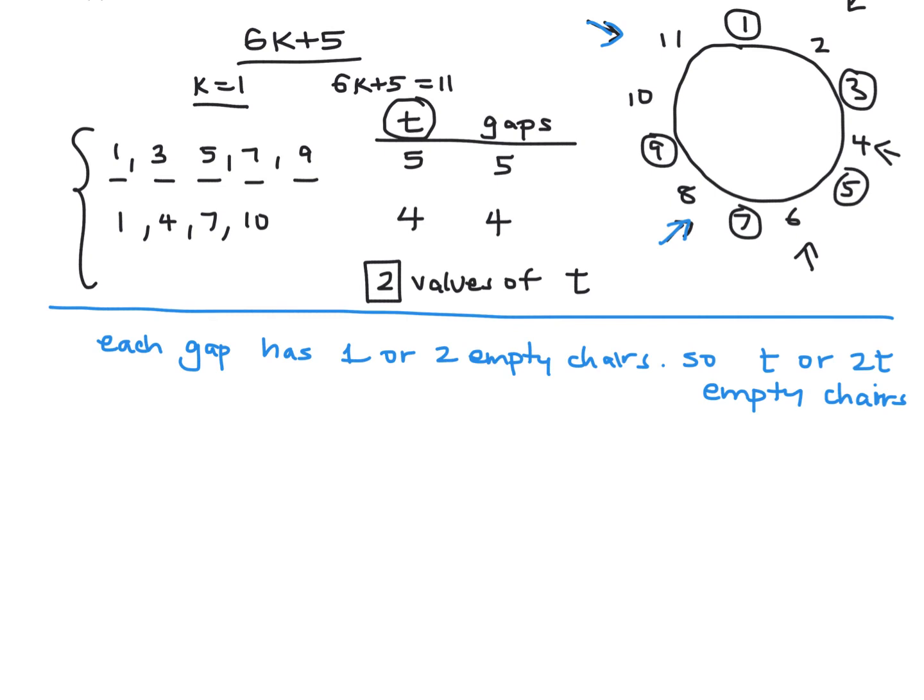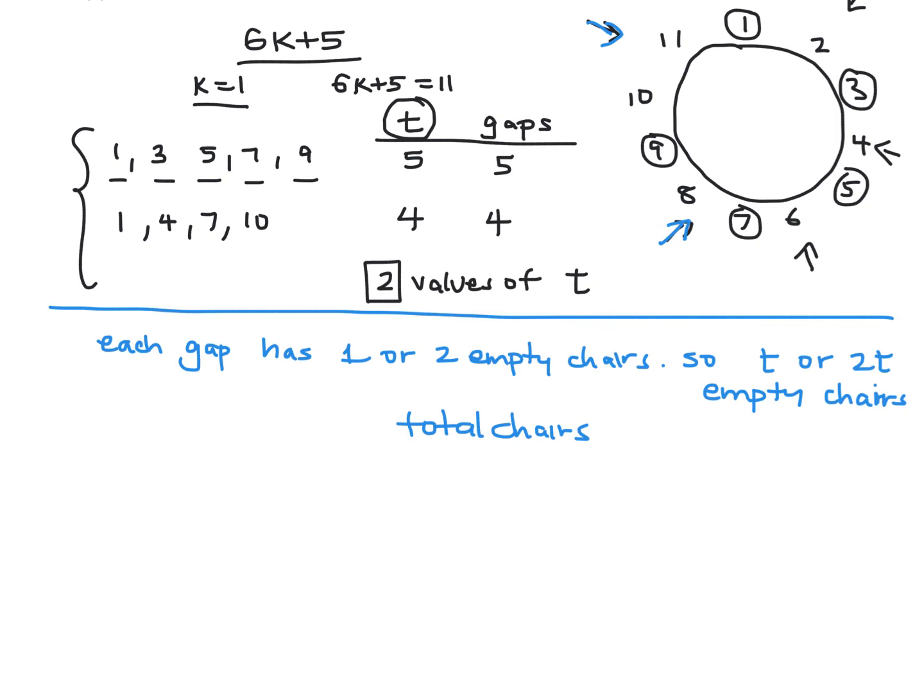Because for each gap you have 1 or 2 empty chairs. Right, and the number of chairs with people is T, so this is valid. Now the total number of chairs is the number of chairs with people plus the number of empty chairs.